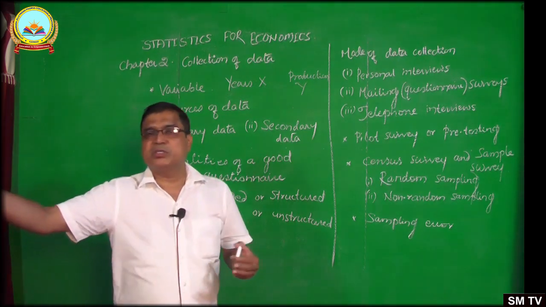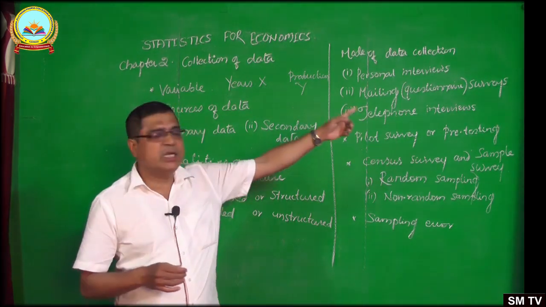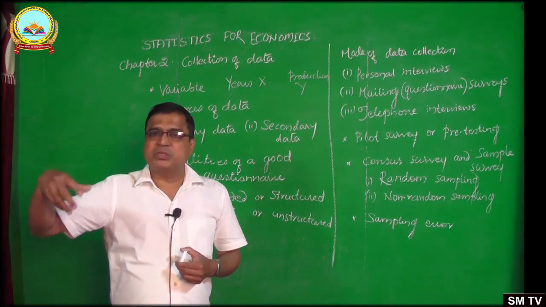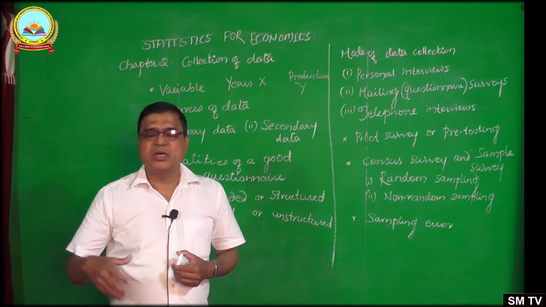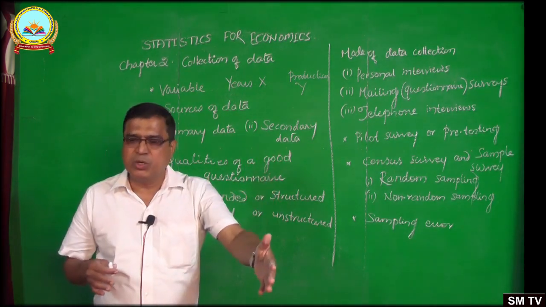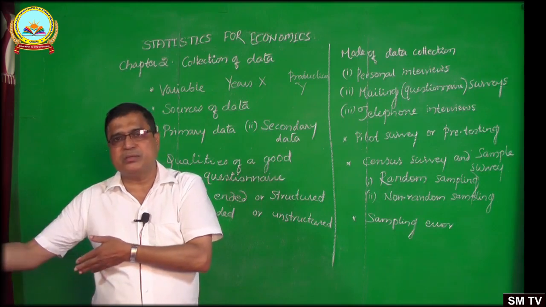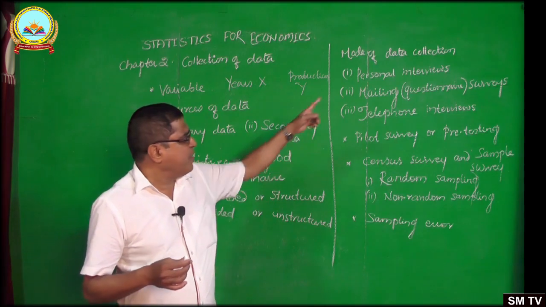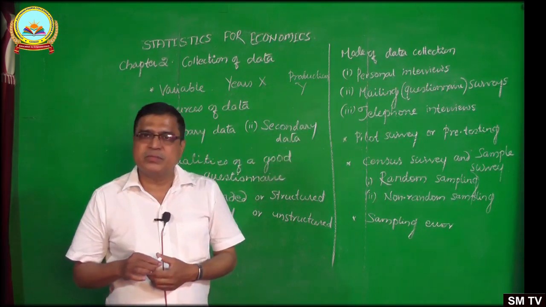So these are the difficulties or disadvantages of the mailing service. At the same time, if there is doubt in the questions, those questions cannot be clarified because the enumerator is not there, only the questionnaire is there with the respondent. Therefore, that is the demerit of the mailing service.